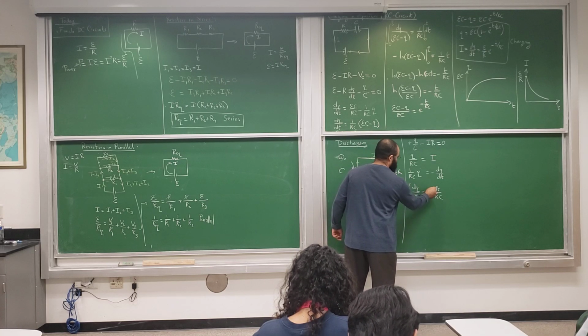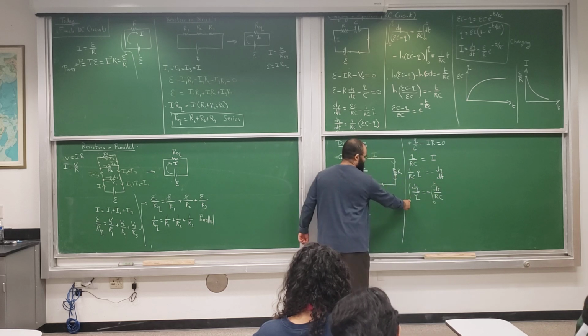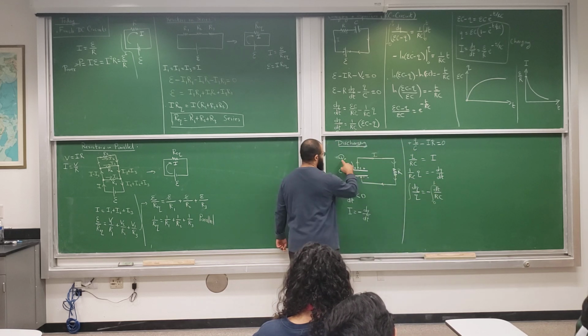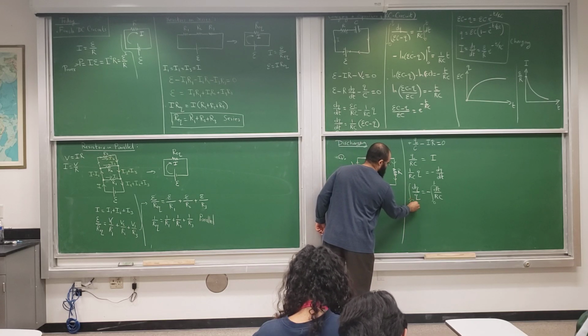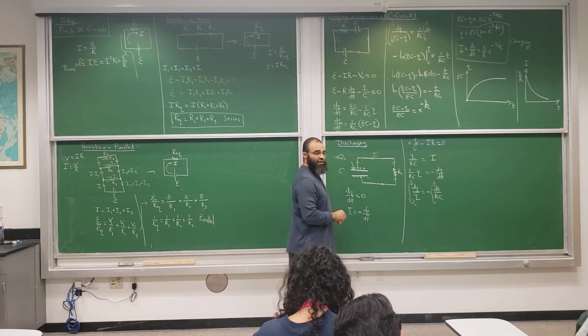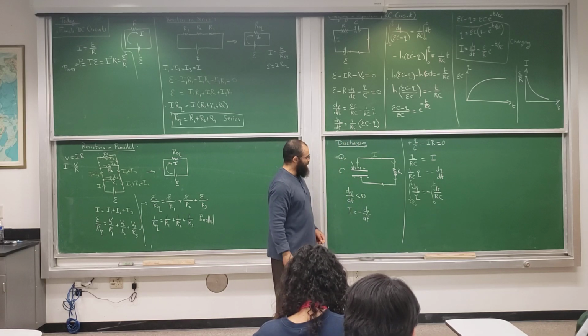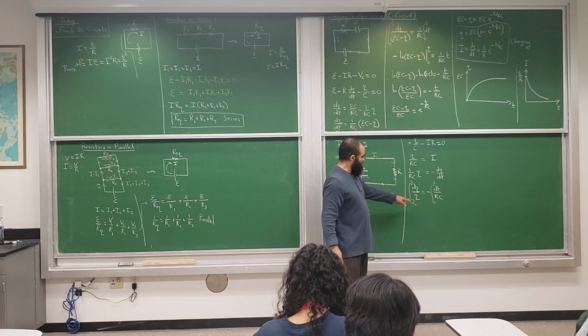Good. At t equal to 0, to t, what was the charge at t equal to 0? This one, right? Yeah. And then at a later time, we're just going to borrow little q. So now we need to simplify. This would be natural log, right?